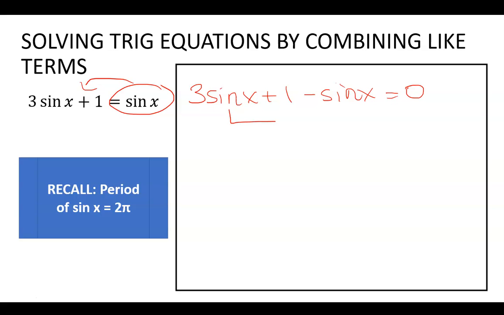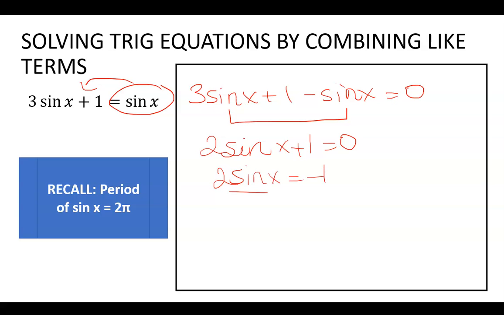I'm going to combine like terms. These go together, and I'm given 2 sine x plus 1 is equal to 0. I'm going to subtract my 1. So I have 2 sine x is equal to negative 1. Divide by 2. And I have that sine x is going to be equal to negative 1/2.